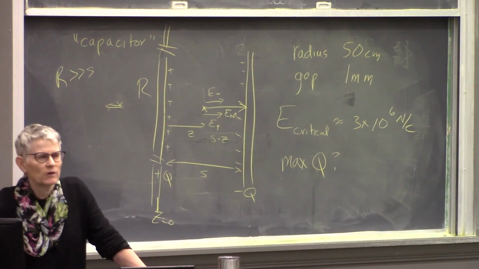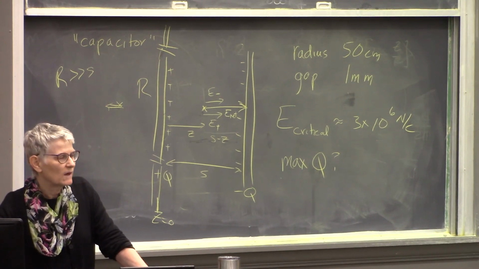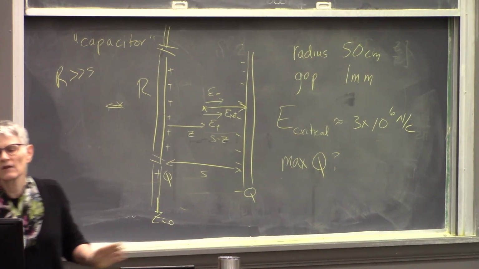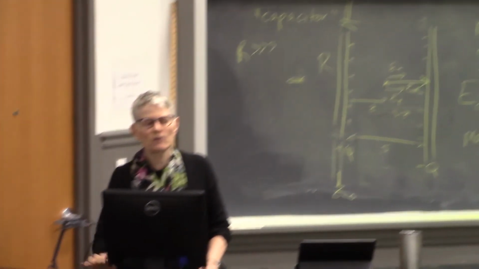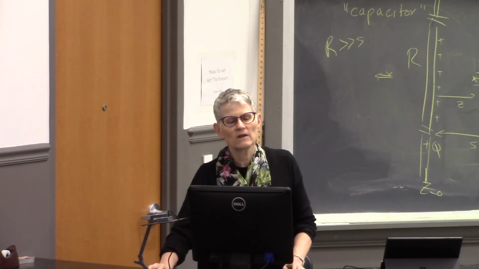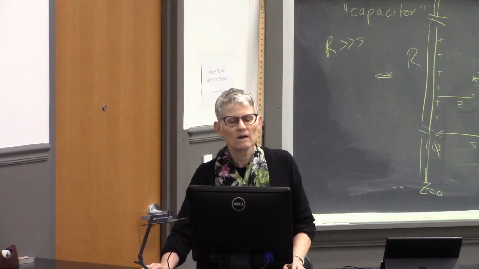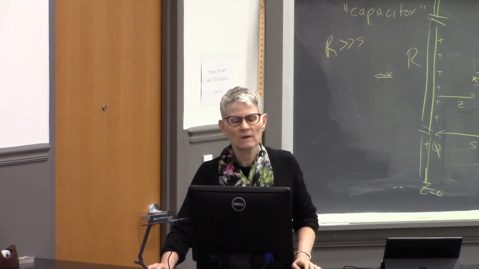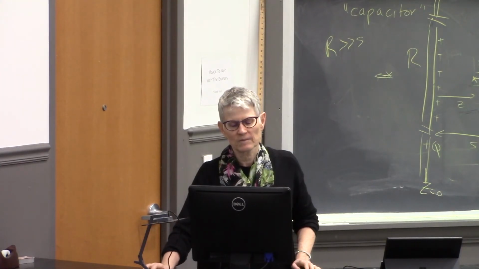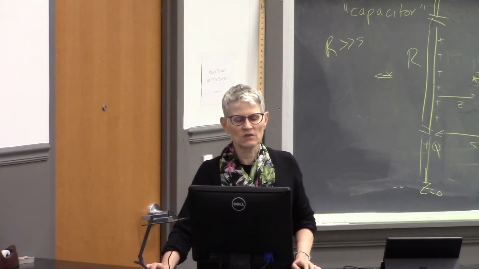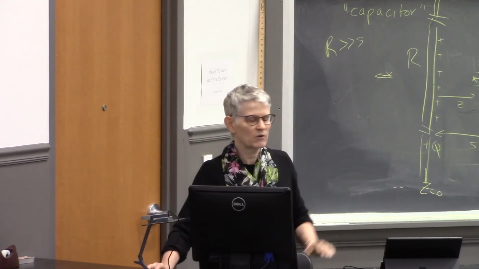So I want to come back to rings for a minute, because we can do something else with rings and answer a question that has puzzled many of you very reasonably, which is why we claim that the electric field of a uniformly charged hollow sphere is 0 everywhere inside and looks like a point charge outside.